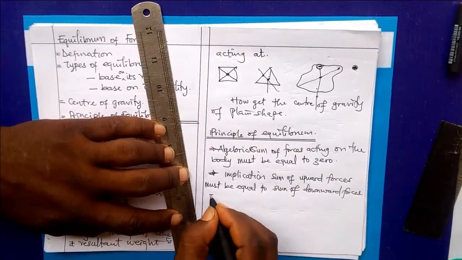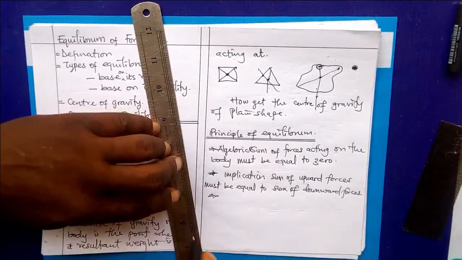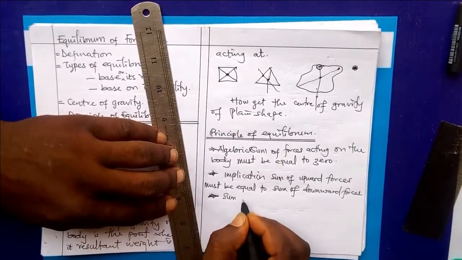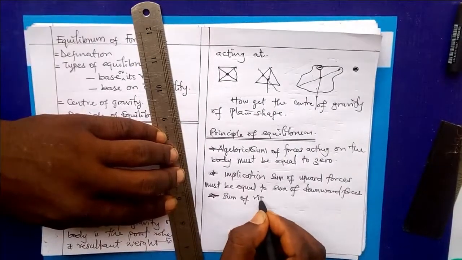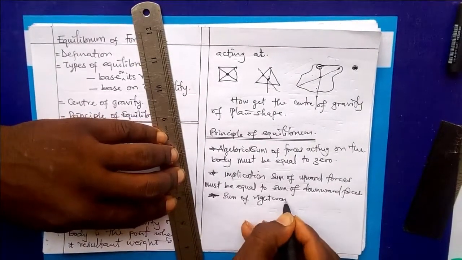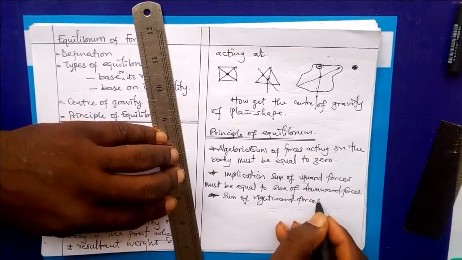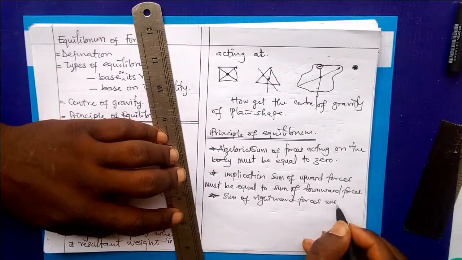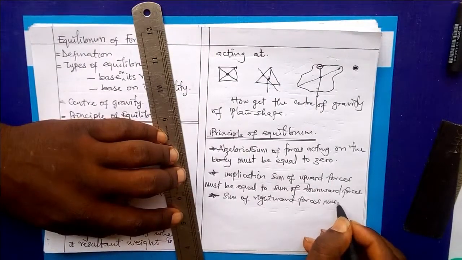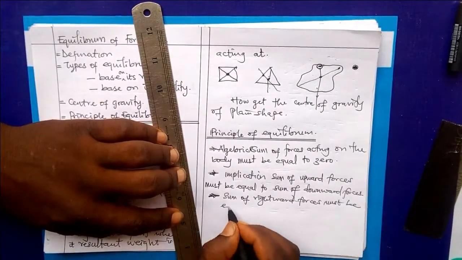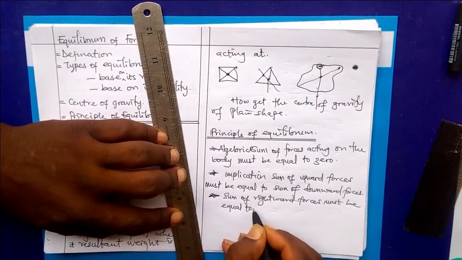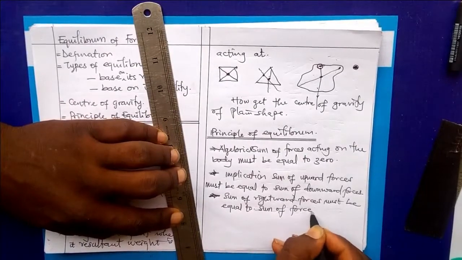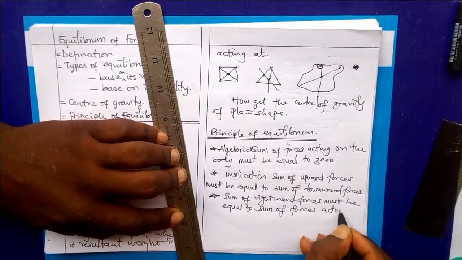Number 2, the sum of the forces acting to the right must be equal to the sum of forces acting to the left.